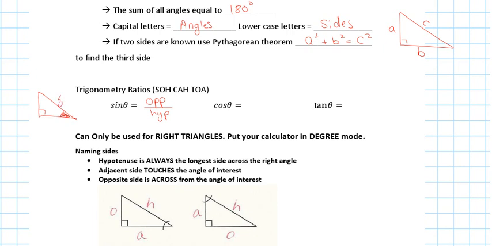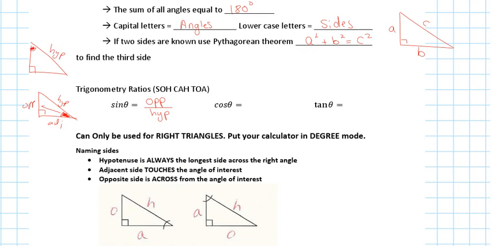According to this angle, this is my opposite, this is my adjacent. If the angle of interest is up here, the hypotenuse is still in the same spot. Now the opposite is at the bottom, and the adjacent is this side. So it depends on the angle given to you.